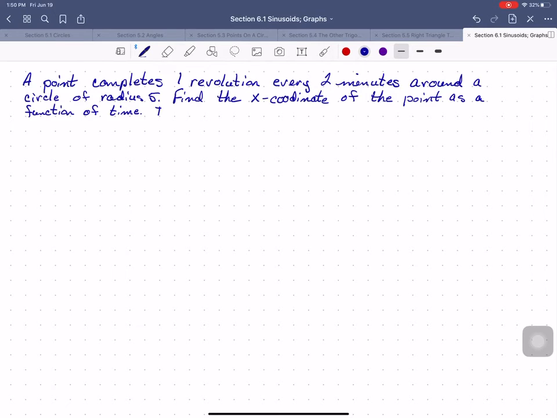And we're going to say that the point starts at coordinates (5, 0).